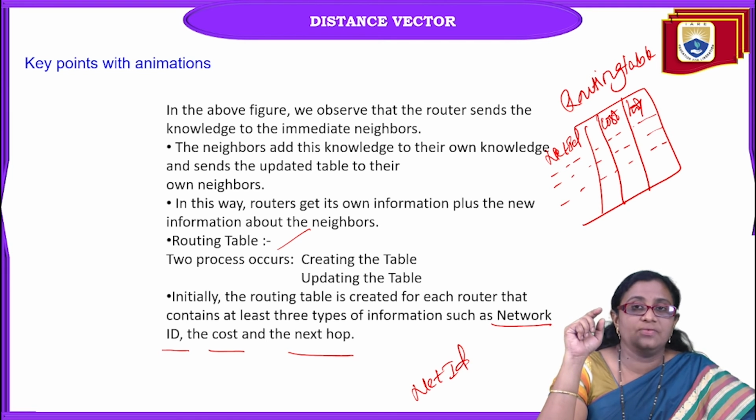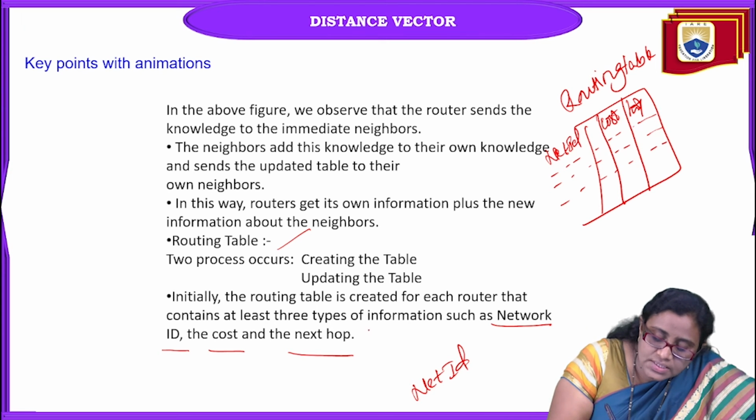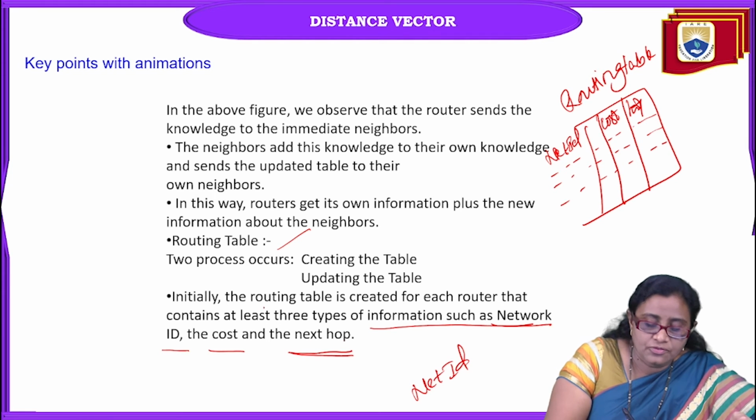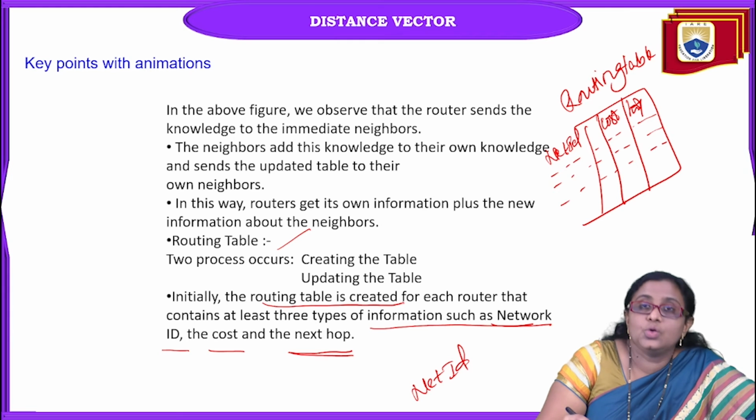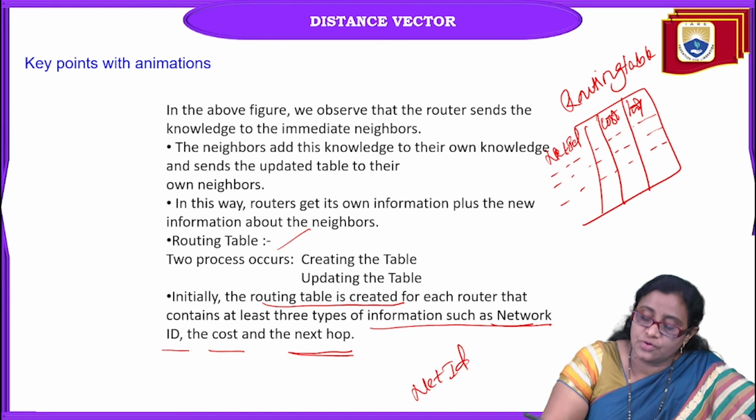Those three are the network ID, the cost and the next hop. These three are essential contents for creating the routing table to calculate the least cost path of minimum distance for the exchange of data packets from one node to another node.